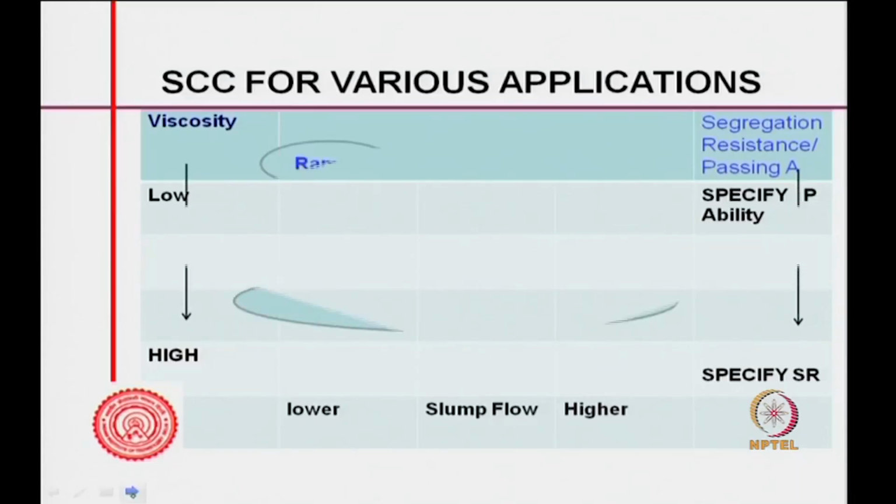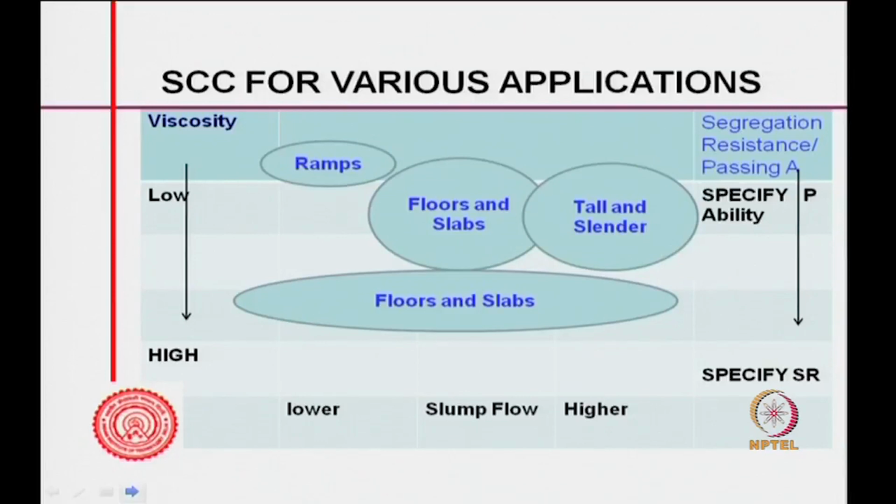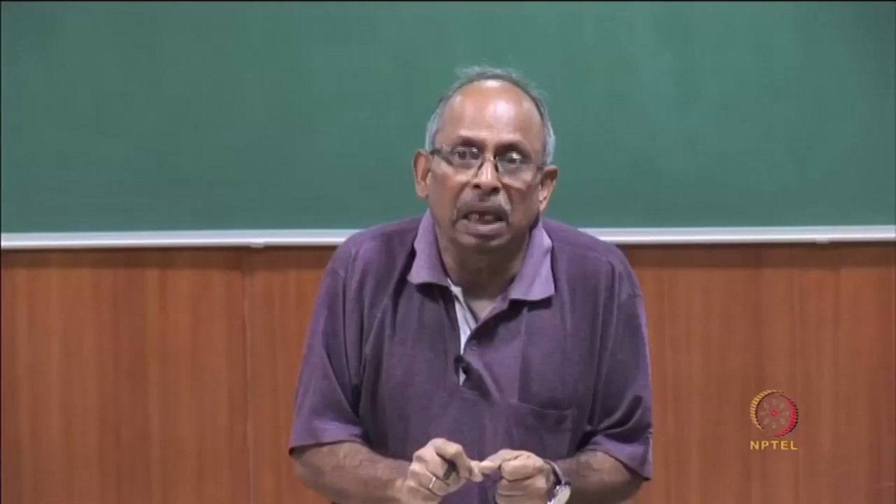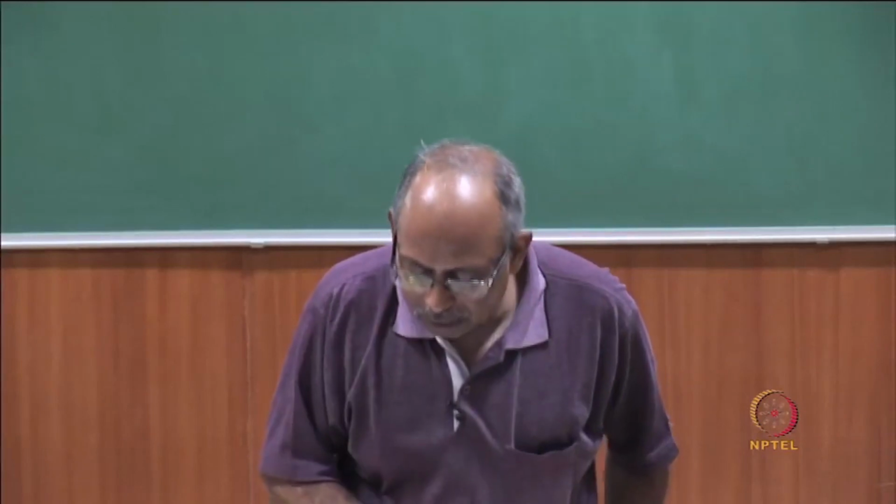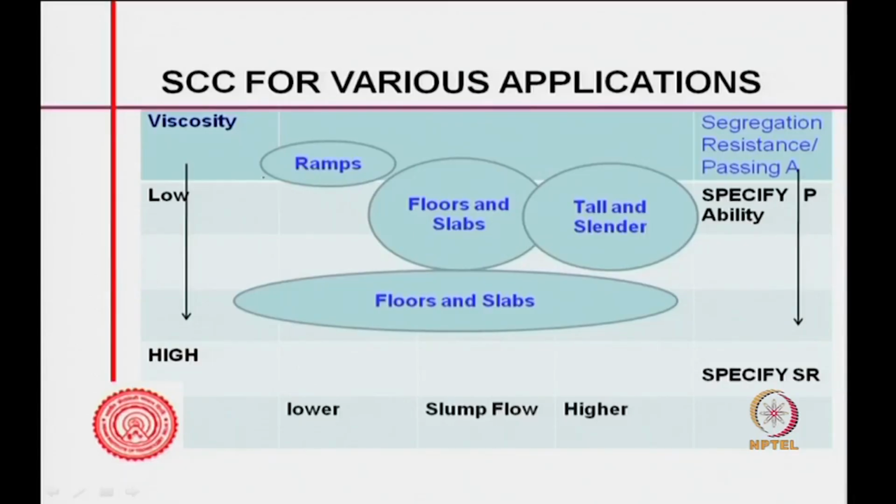So, some guidelines are available, for example, ramps where concrete can slide down, you do not want very high viscosity, as it would have a lot of resistance to movement, it would be kind of sticky. So, therefore, for ramps you have low viscosity, lower slump flow, flowability you also do not need very much, but you need a lot of passing ability in this zone, all right.